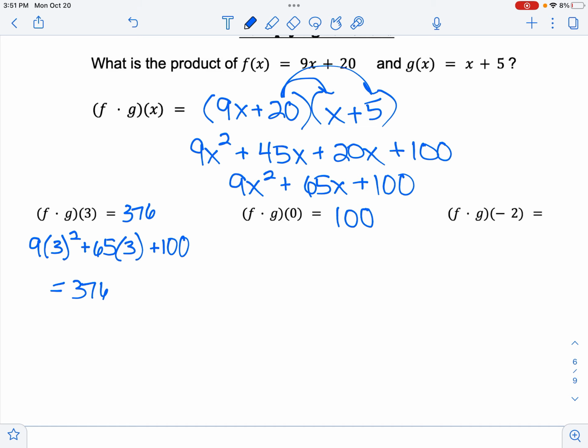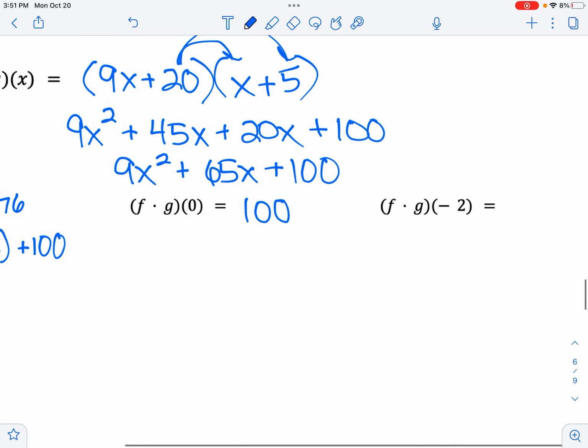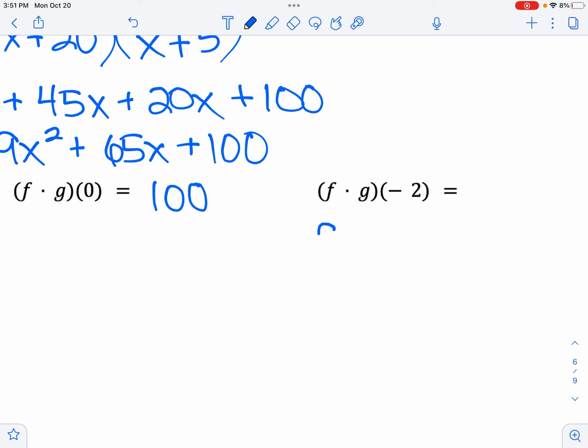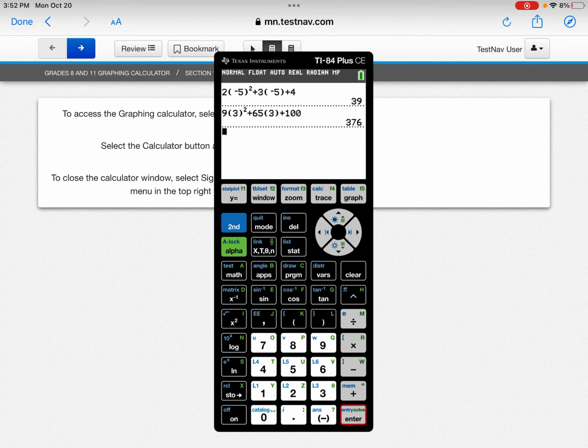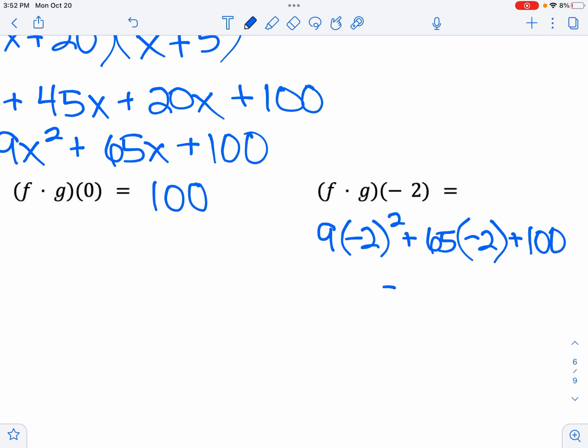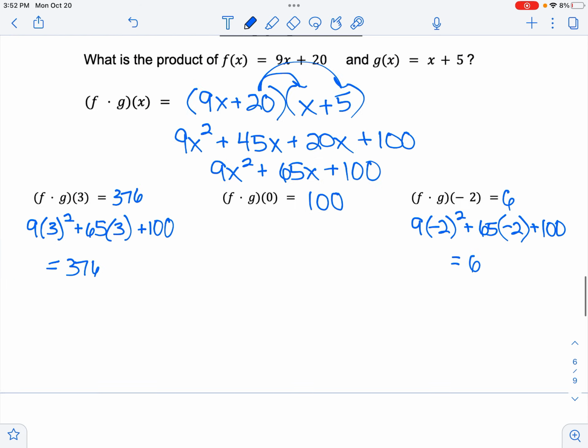Okay. Let's try the -2. That would be 9 times -2 squared plus 65 times -2 plus 100. So again, this might be easier to type into our calculator. Oh, we get 6.